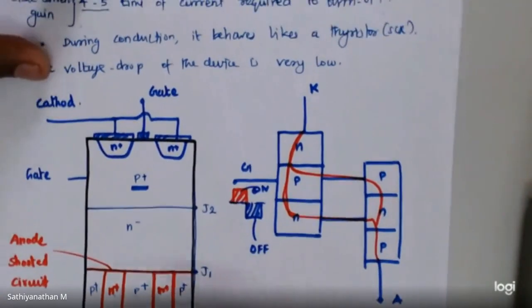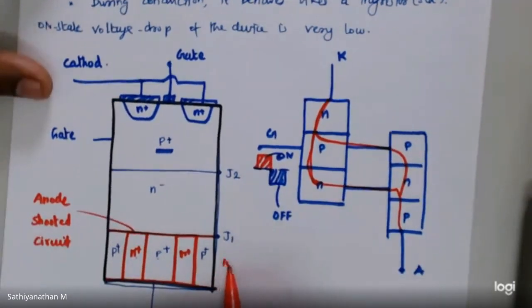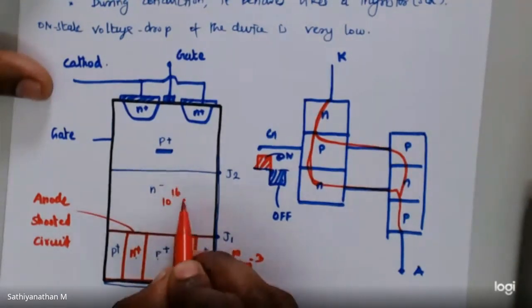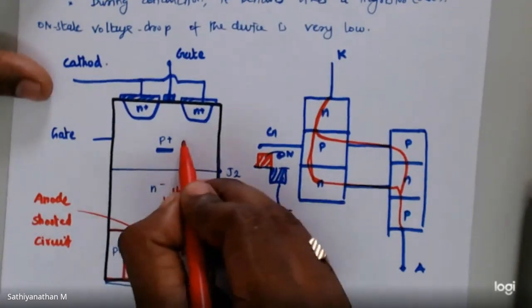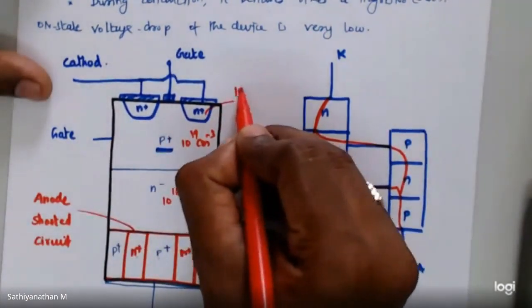Okay, so this is all about the internal structure. Usually the P plus layer has a concentration of 10 power 19 per cubic centimeter, N minus has a concentration of 10 power 16 per cubic centimeter, and again 10 power 19 per cubic centimeter for N plus.